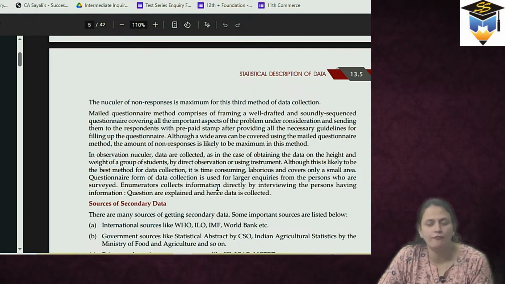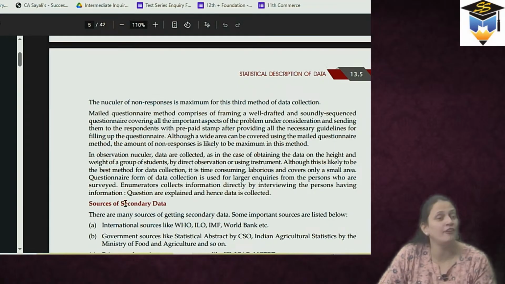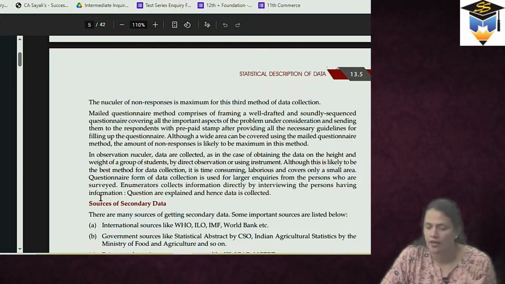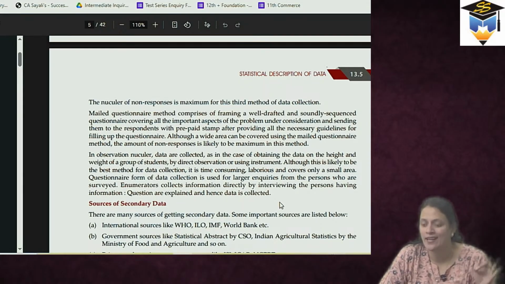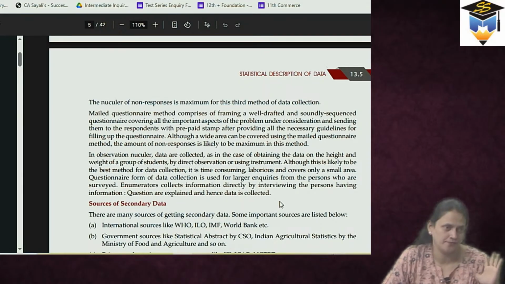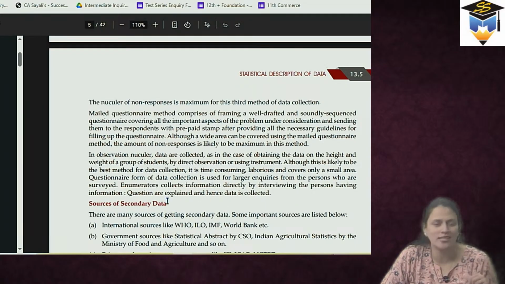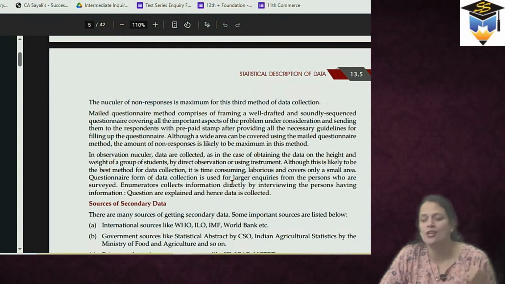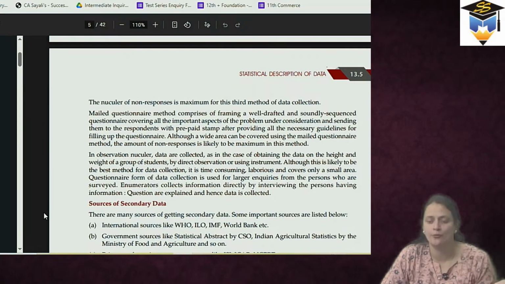Enumerators collect information directly by interviewing the persons having information. Okay. So questions are explained and hence data is collected. So understood who is an enumerator? So the questionnaire form of data collection is used for larger enquiries where the persons are being surveyed.